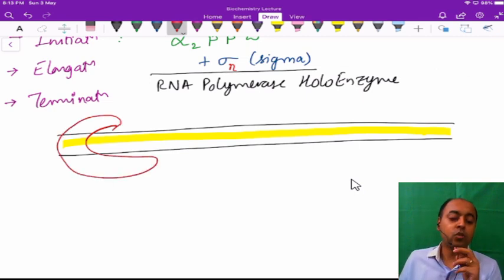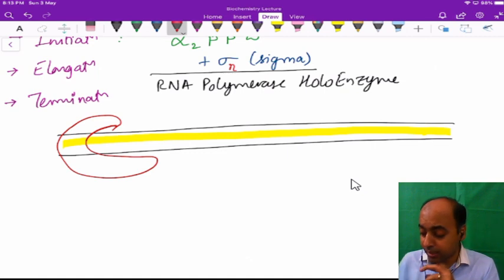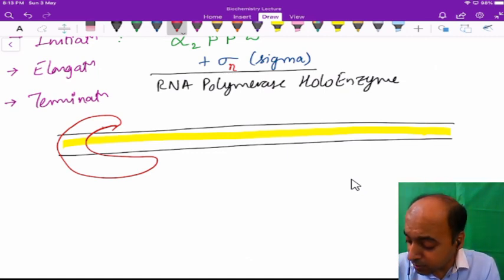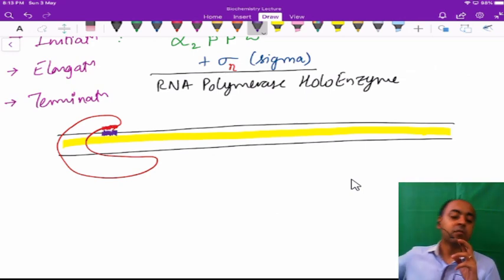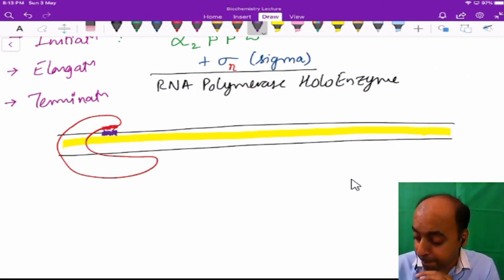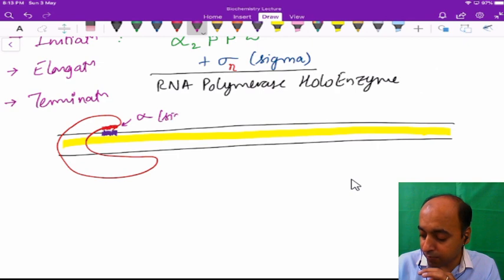This whole complex will go and attach with the DNA, where the sigma subunit finds the counterpart promoter sequence. This means in the RNA polymerase holoenzyme, the only segment which is able to attach to the DNA is the sigma subunit, the sigma subunit attaching to the promoter.